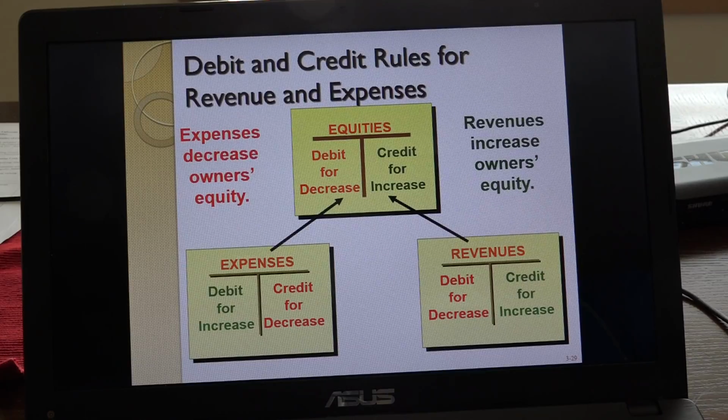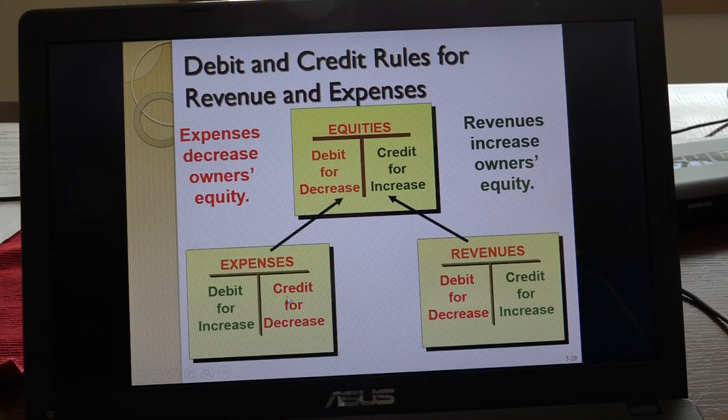All right, so this goes back to my point that revenues increase owner's equity. Notice that owner's equity has as its normal balance a credit balance, and so does revenues.